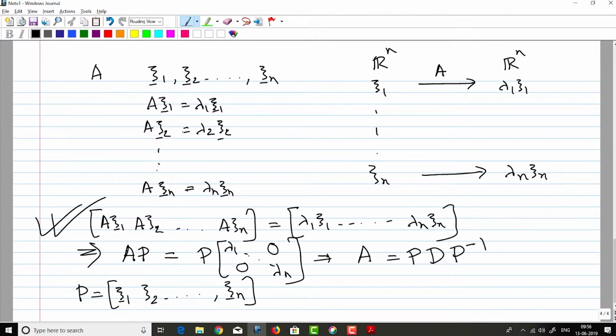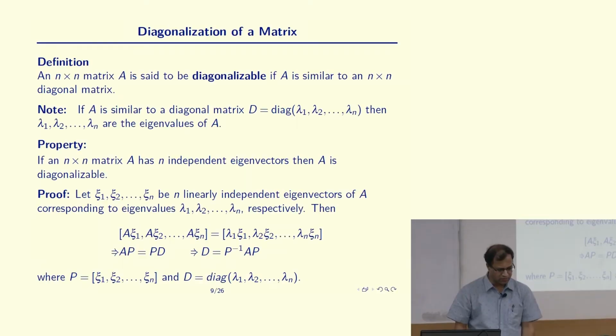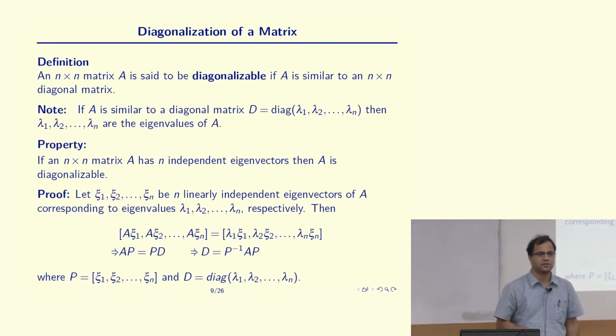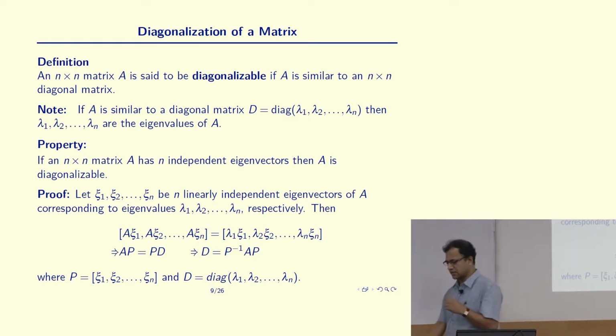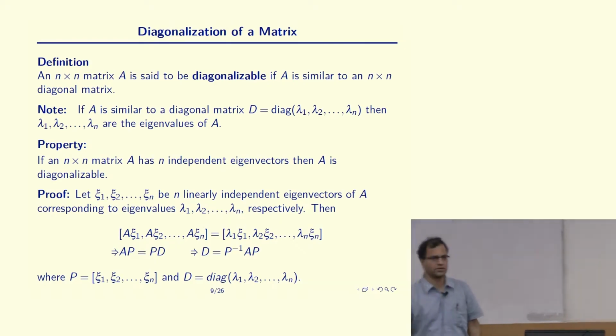Before that, we just want to discuss a little bit about when we are able to find n independent eigenvectors of the matrix A. We have just seen one property: when all the eigenvalues are distinct, we can find n independent eigenvectors. But that may not be the case all the time for a square matrix.